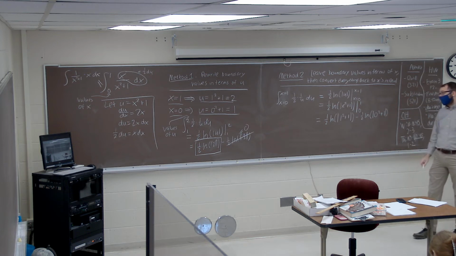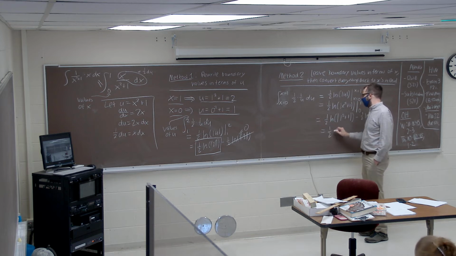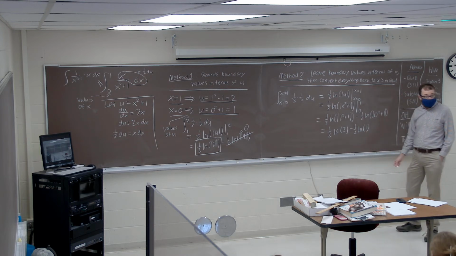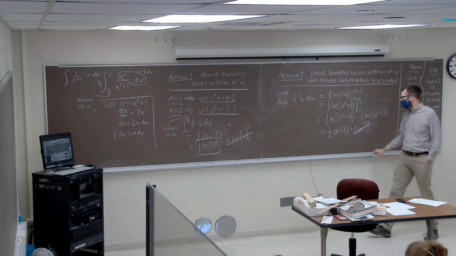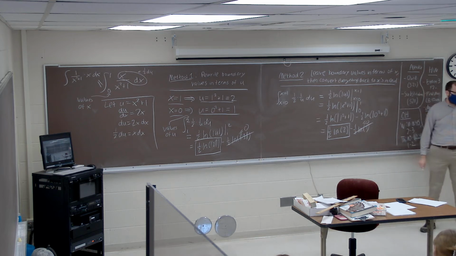Plugging in our boundary values for x here. And I think we'll still end up with 1/2 natural log of 2 minus 1/2 natural log of 1. And just as before, 1/2 natural log of 1 is just 0. So we get the same answer either way.